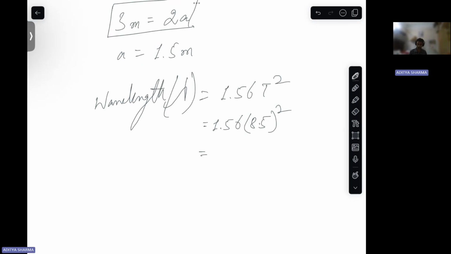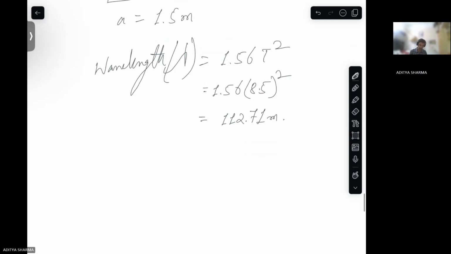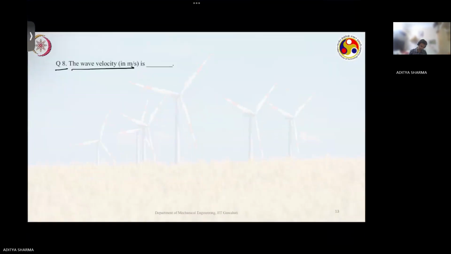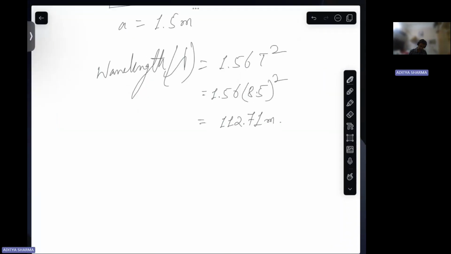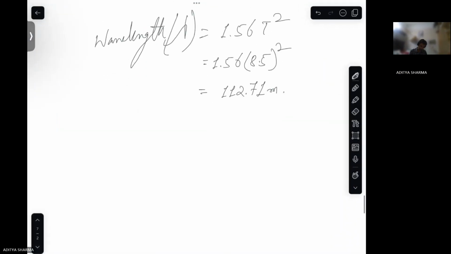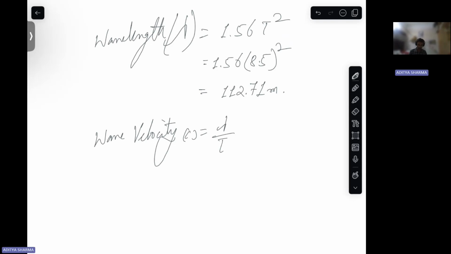If you calculate, this will come out to be this. And the wave velocity will be lambda by tau.